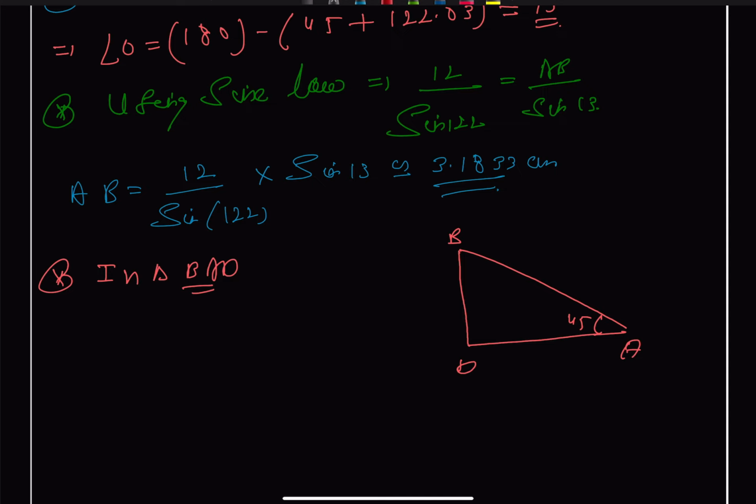So we can say that in triangle BAD, sine of 45 will be equal to BD upon AB.